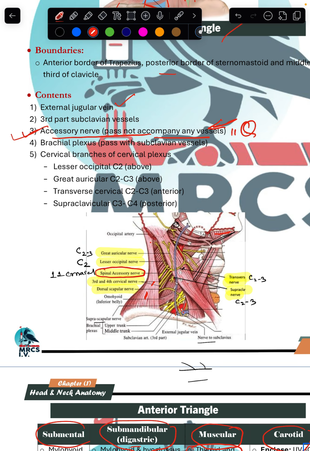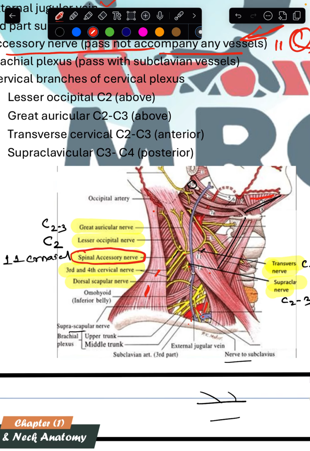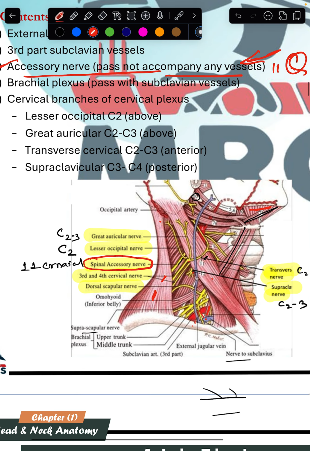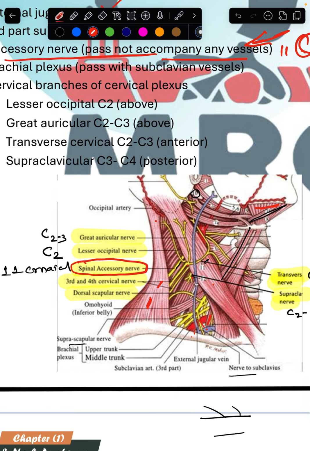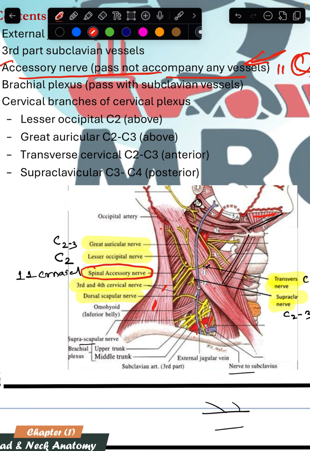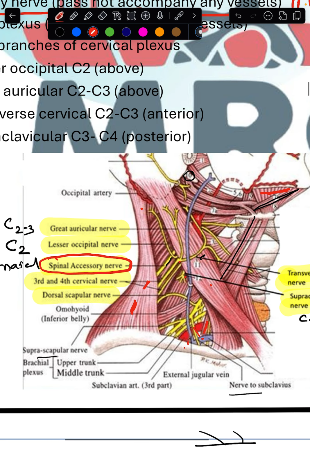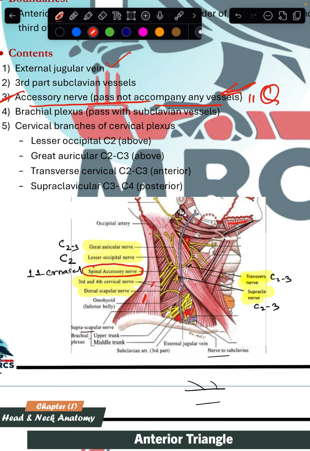This is important. 11th nerve, brachial plexus part with subclavian vessel, cervical branches of cervical plexus: lesser occipital C2, lesser occipital, greater auricular, transverse cervical, supraclavicular. So these are the small 4 nerves. You can see supraclavicular, it is coming. This is supraclavicular, C2, C3, transverse cervical towards the cervix.